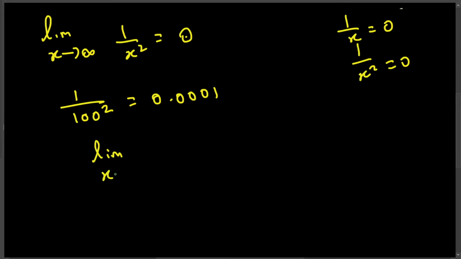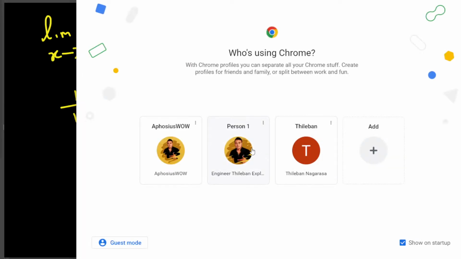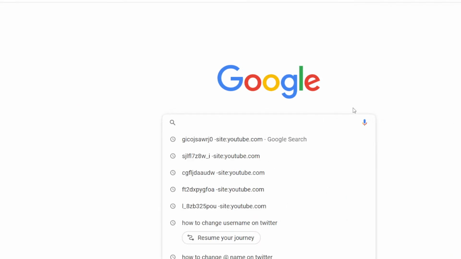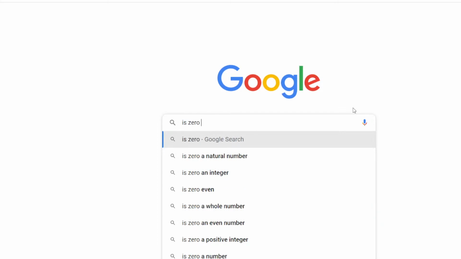Whenever we have the limit as x approaches infinity of 1 over x to the power r, where r is any real number, is 0 a real number? Wait a minute, because if it's 0 the whole thing will be a mess.